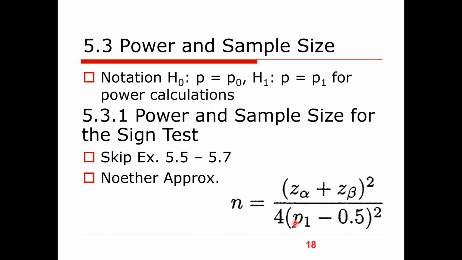Because our course is more like a practical course than a theoretical course, we skip the mathematical part. We just need to know the result of this approximation here. It's a good asymptotic approximation for the power of a sign test given type 1 error alpha, or confidence level 1 minus alpha, and then probability of type 2 error beta, or the power of the test 1 minus beta.